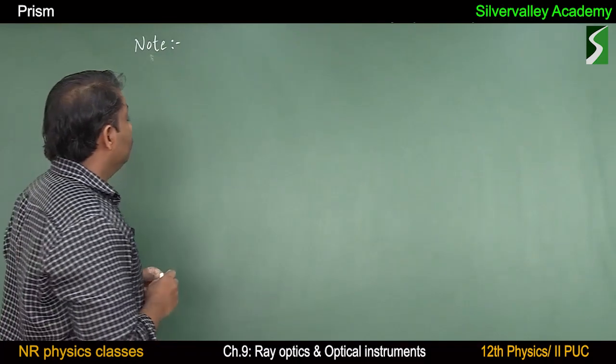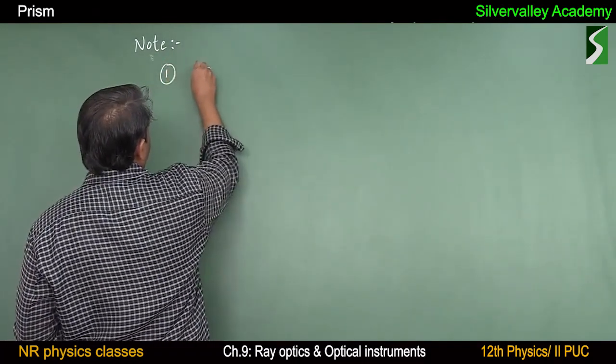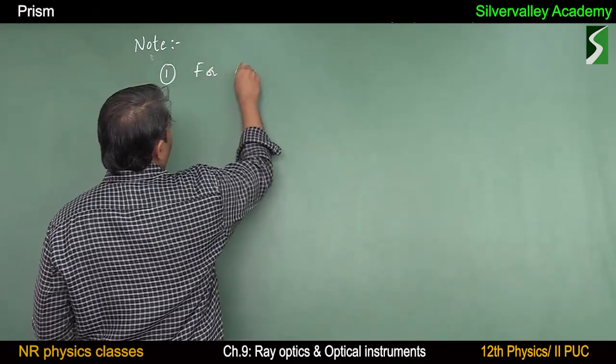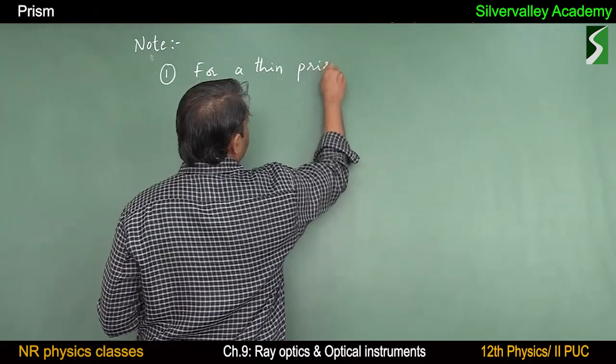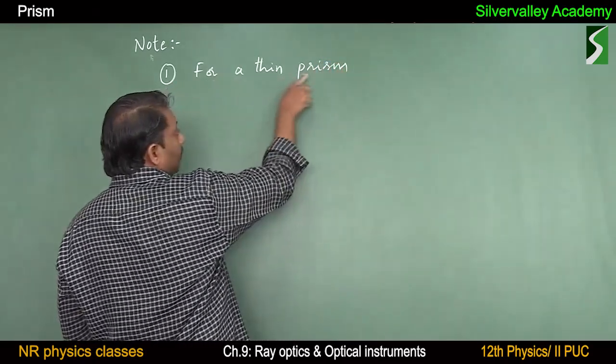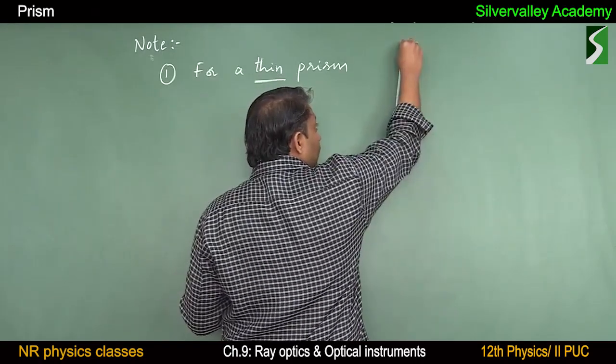Note: for a thin prism, thin prism means the angle of the prism is very small.